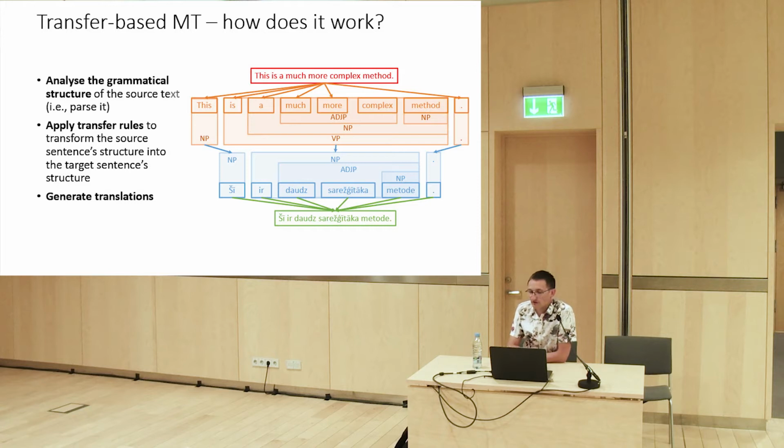This is theoretically a very strong method. So it should be able to translate correctly as long as we have the correct transfer rules and we have enough data to disambiguate lexical choice.